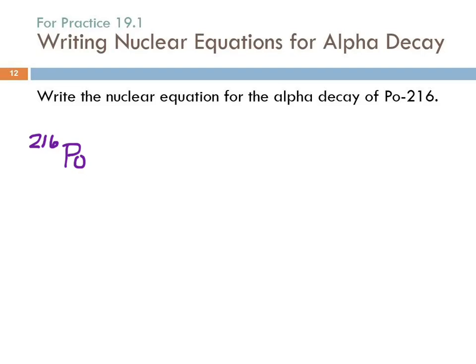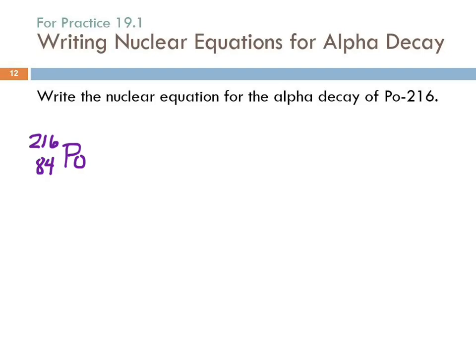We need the atomic number, so we're going to have to find it on the periodic table: 84. And if you notice, the mass is in parentheses because it's an estimated mass. This polonium is radioactive. There is no stable isotope, and so it does decay.